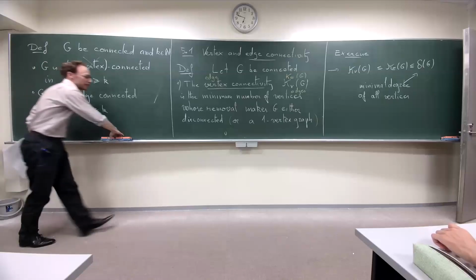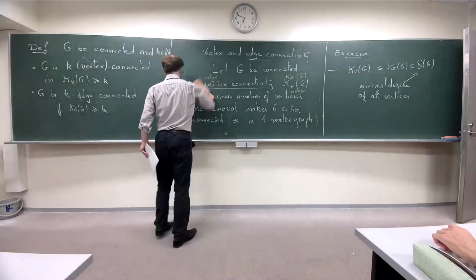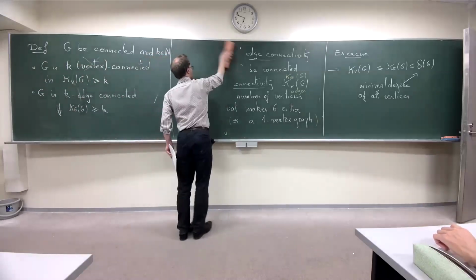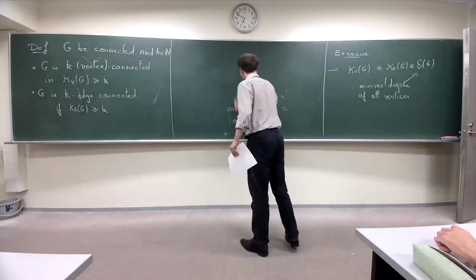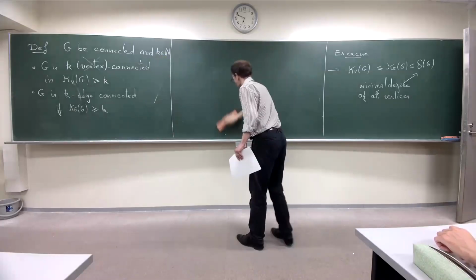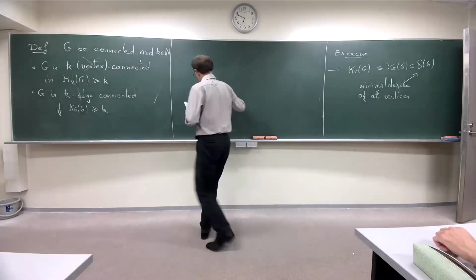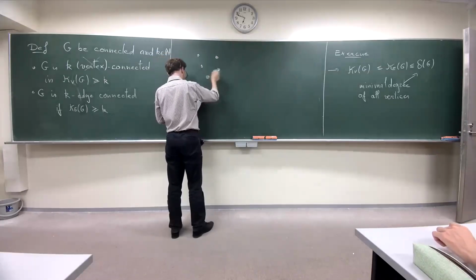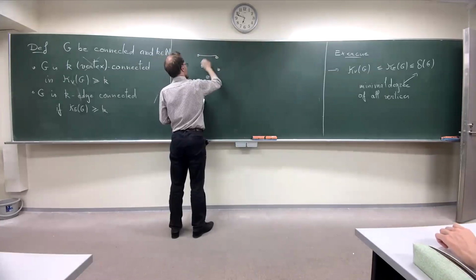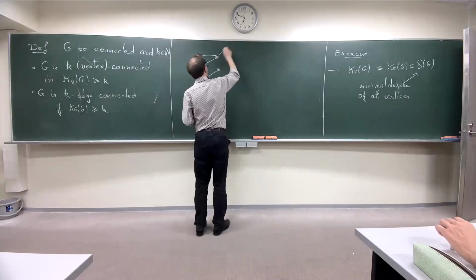And wait a second, I just do one picture to show you that these 2 numbers can be different. It's quite clear, but let's just check on one example. So if I draw the following graph, and I want to have this, and then many other things.